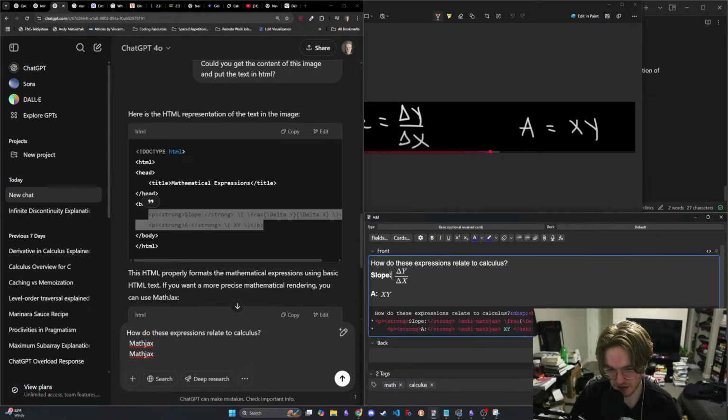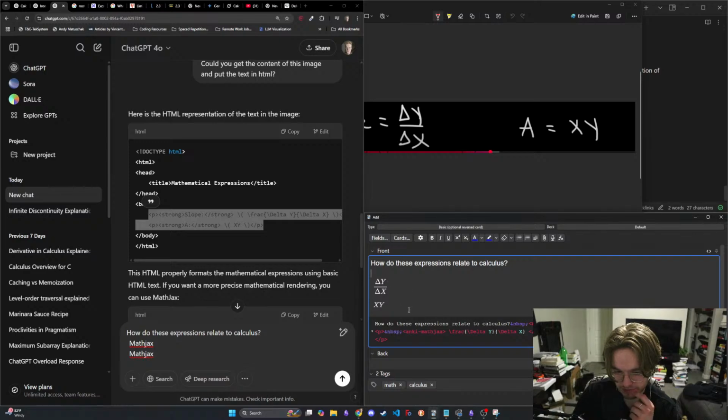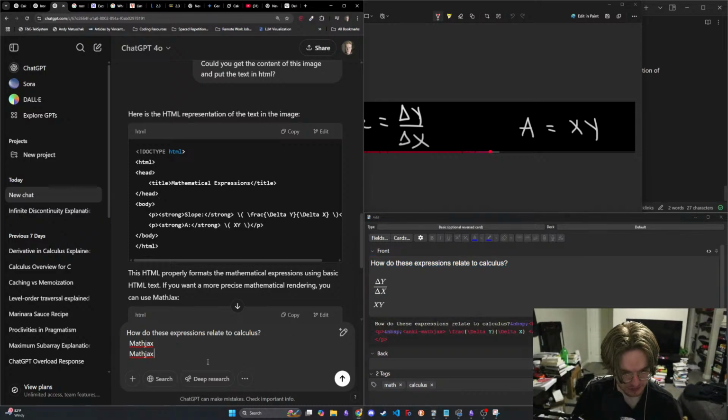Okay, maybe it does. So we'll just live with it. The only thing I don't like about having it convert to MathJax is I can't copy it out.